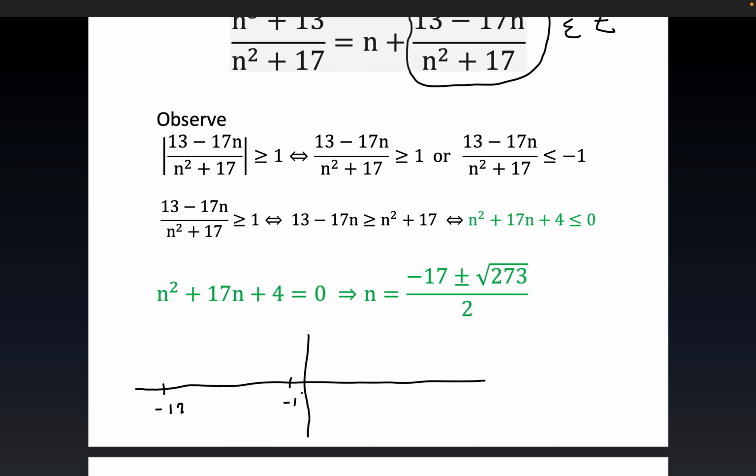So you can see that these numbers aren't quite, it would be all the numbers between this and somewhere right around here. Let me just put the dots. Okay. So in other words, we're talking about a quadratic that would look like this.